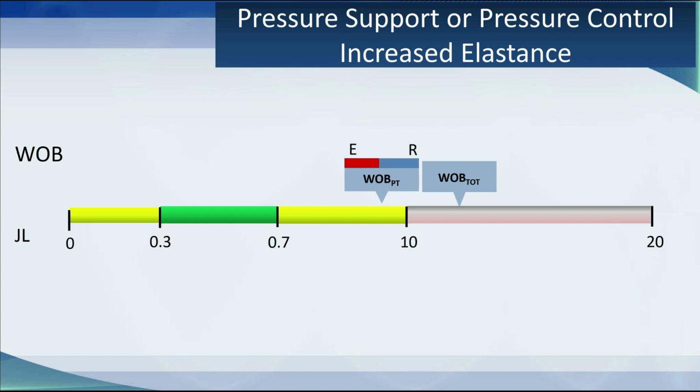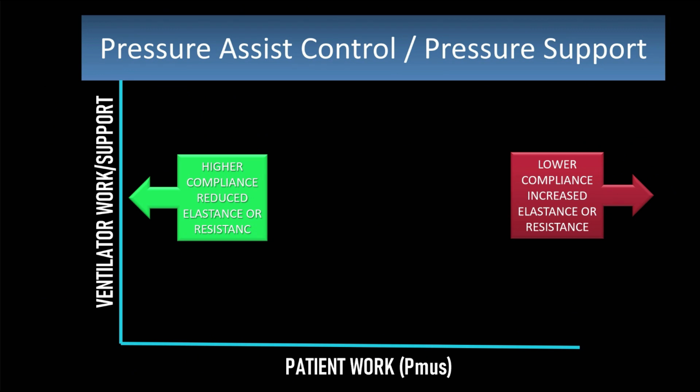And of course, the opposite is also true. If elastance falls, then there is improved lung compliance, for example, after a brisk diuresis. Then most of the work of generating tidal ventilation is incurred by the ventilator, and the patient needs to make very little effort. Going back to our graph, you'll recall ventilator work on the y-axis, patient work on the x-axis.